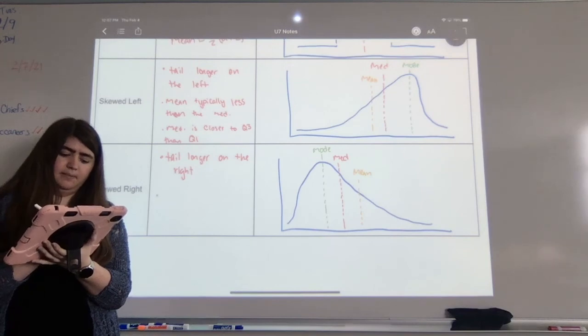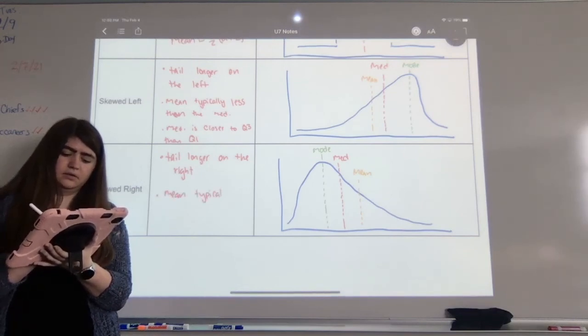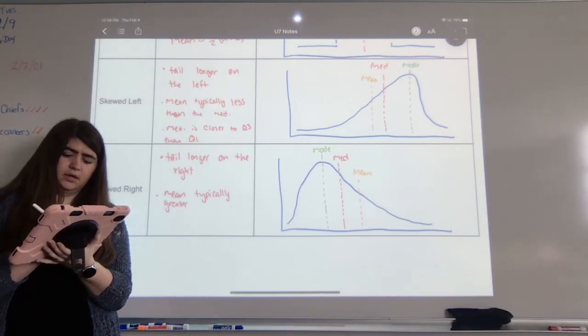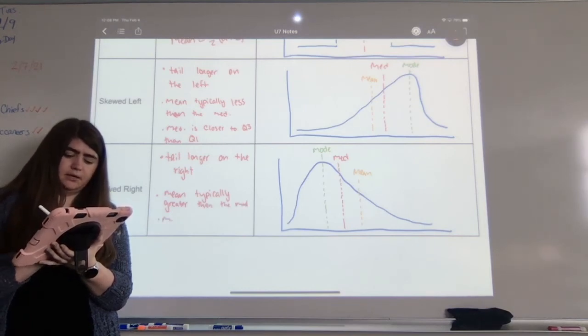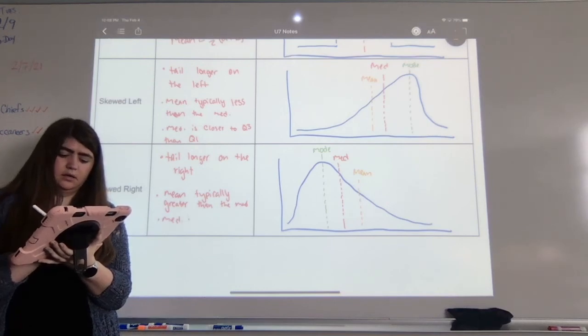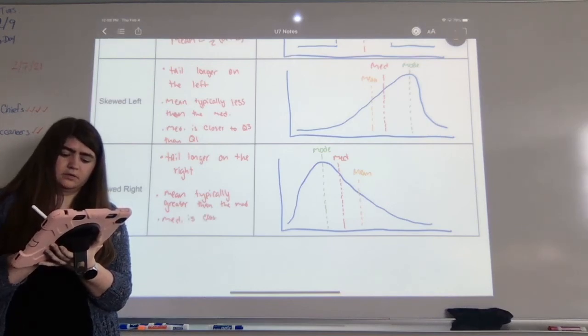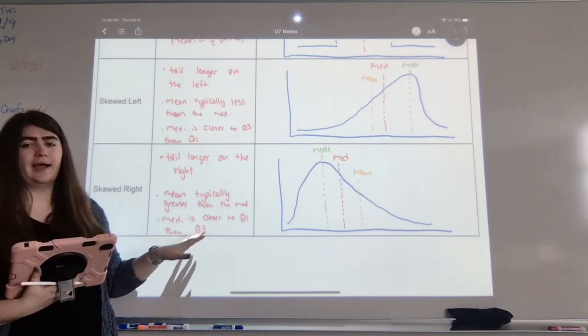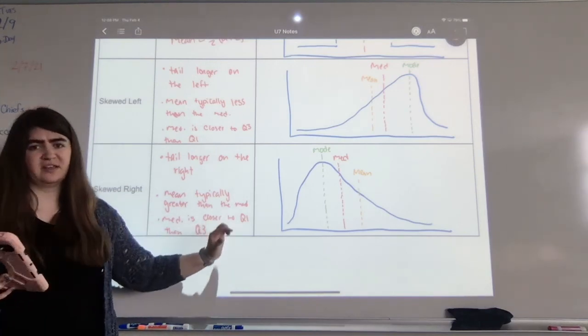And the mean is typically greater than the median. And the median is, again, closer to Q1 than Q3. And again, that's looking at the graph, not the data if it were listed out.